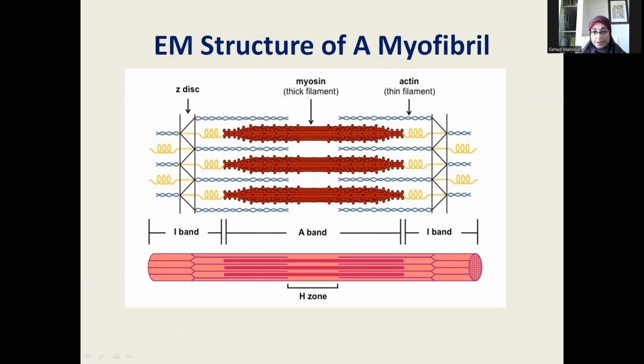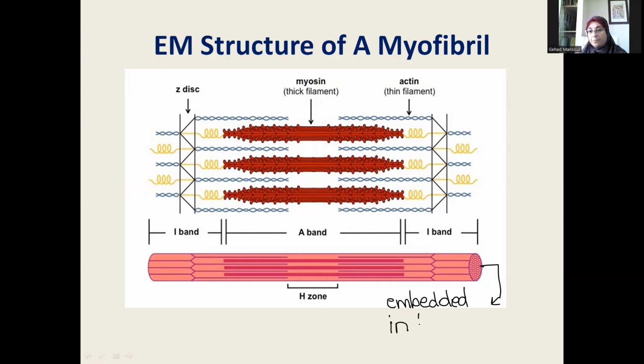Again, I emphasize that this is the electron microscopic structure of a myofibril, and that myofibril is embedded with many other thousands of other myofibrils.